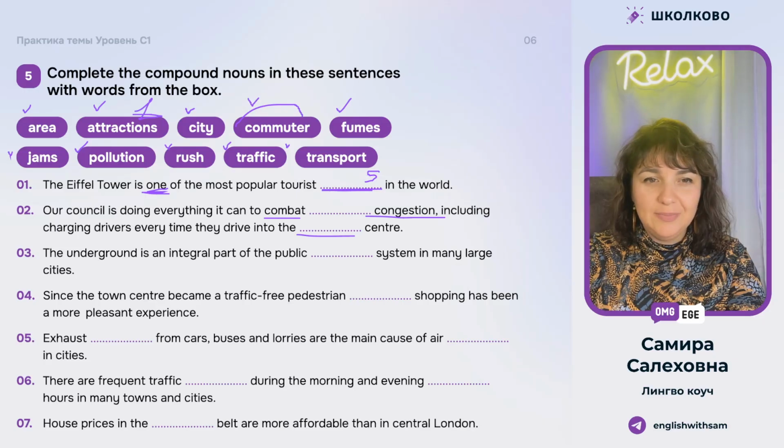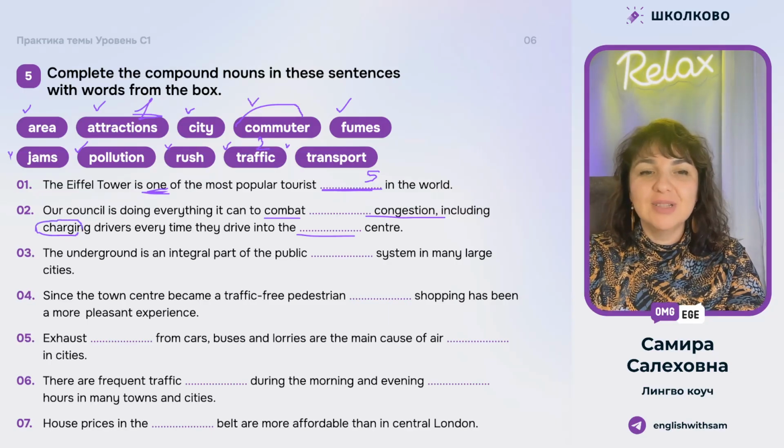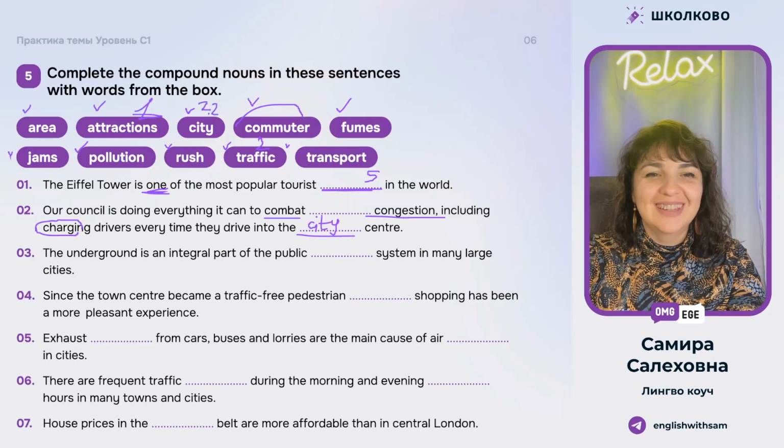That's right. Charge – это брать денежку с них, когда мы за что-то расплачиваемся. Конечно, city center, 2.2, 2.1.